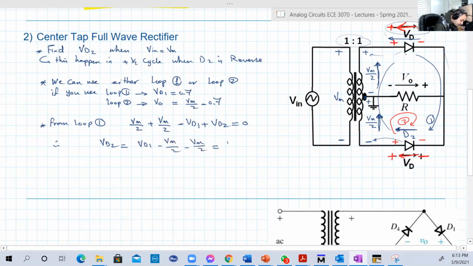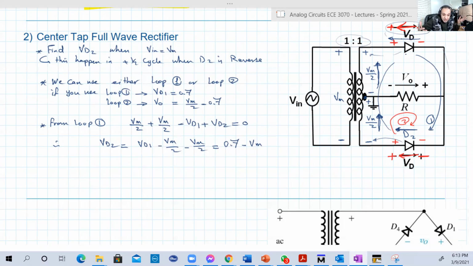equal to VD1, remember, is 0.7, and Vmax over 2 plus Vmax over 2 is just Vmax. Okay, minus Vmax. And you must get something like this because you can check on yourself. If you use the wrong directions that I assumed in the beginning, which is wrong, of course, just a typo from me, you will find that VD2 is positive, which is wrong because basically it's reverse.